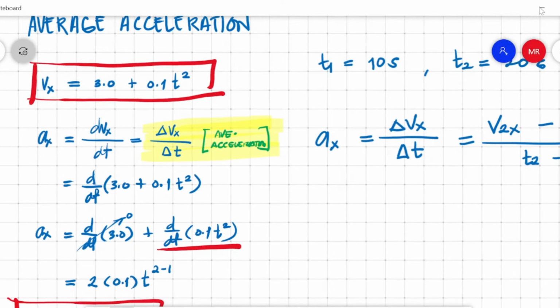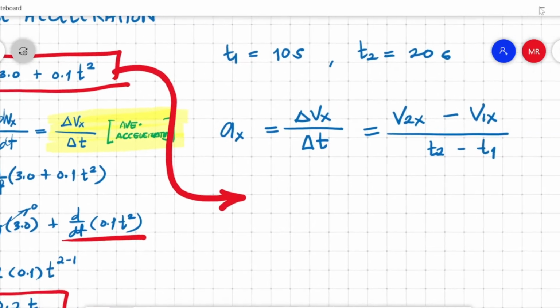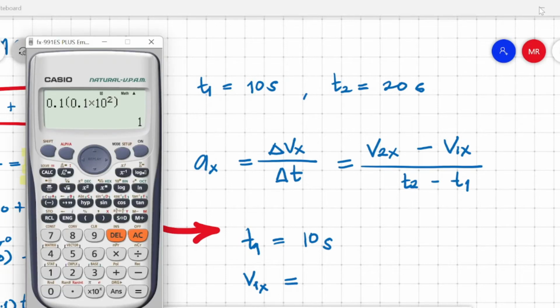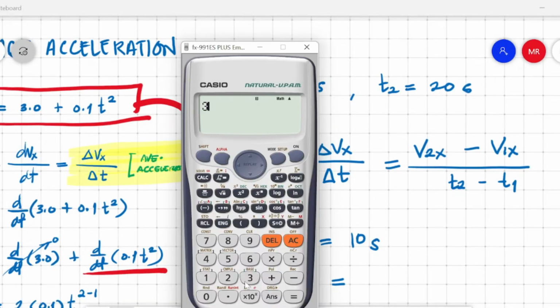If we substitute 10 and 20 seconds in this equation, for time 1, which is 10 seconds, your velocity v1x is equal to, let's compute, 3 plus 0.1 times 10 seconds squared.